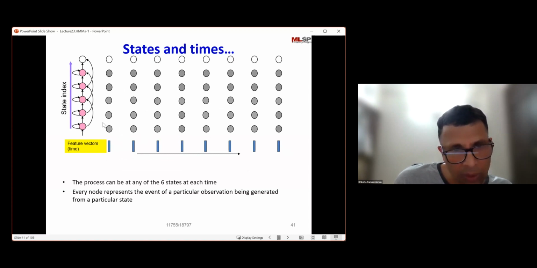This circle over here, for example, represents the event that the process was in the first state at the first time. This one over here represents the event that the process was in state 4 at time 8. So is this picture making sense?